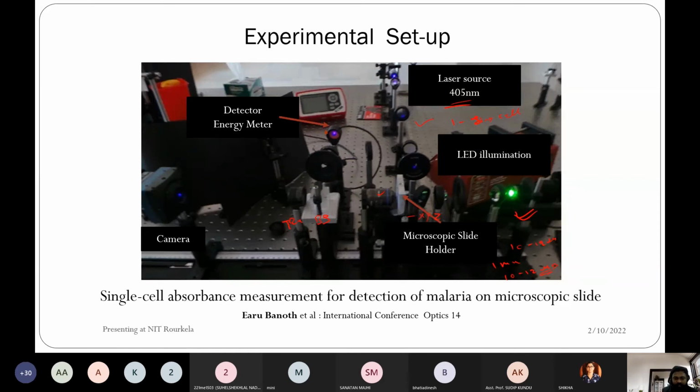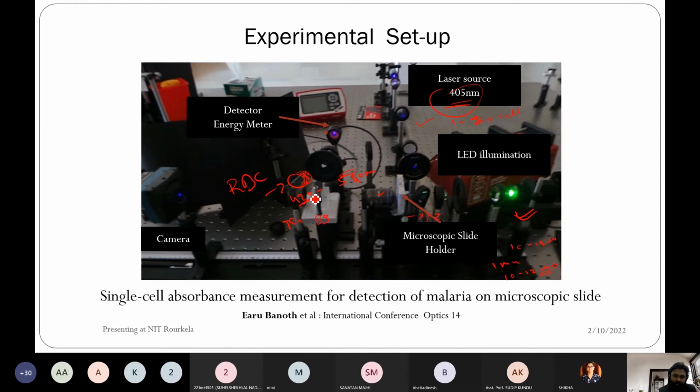That was the motto behind it. And I chose this 405 nanometer laser because, for example, red blood cells, RBCs, have hemoglobin content inside, and there is high absorbance close to 420 nanometer, and around 530 to 540 nanometer. It has high absorption.